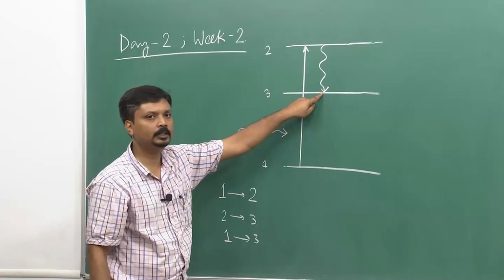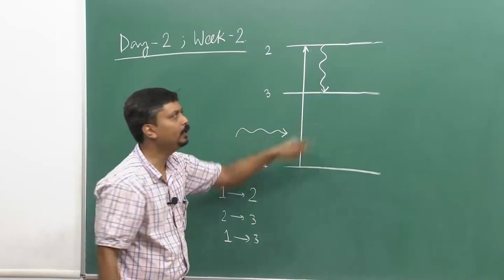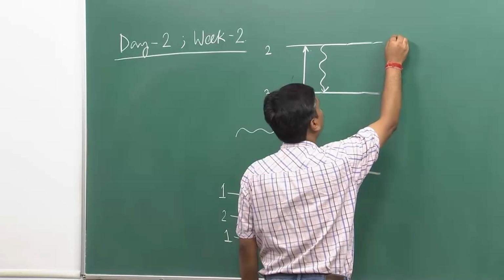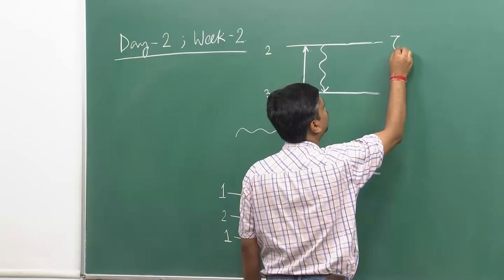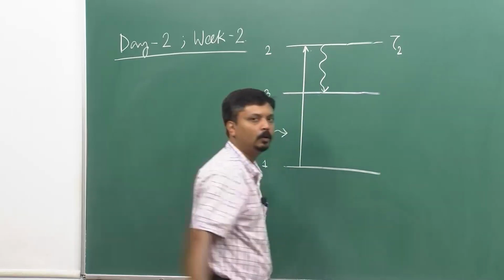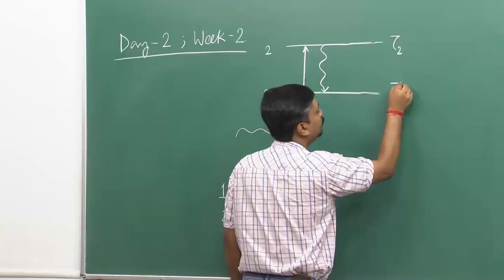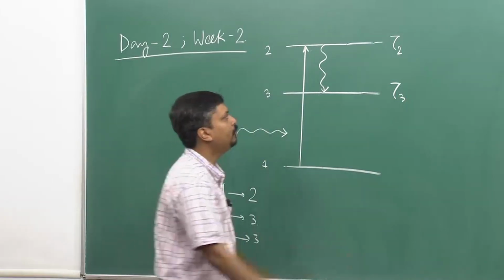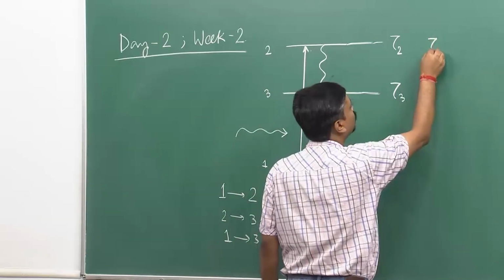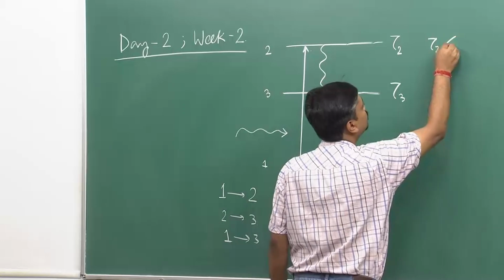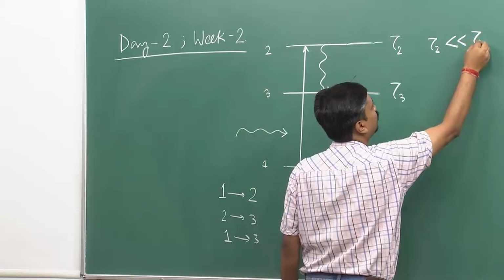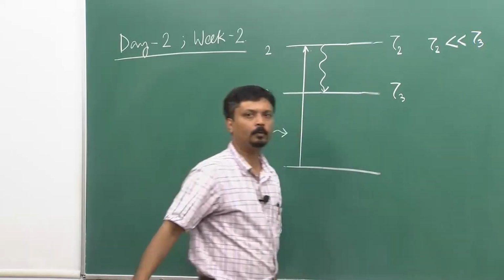So, after this absorption the population in this state brings the system back to level 3, and if that process is very fast, what does that mean? If I say state 2 has a lifetime of tau 2 and state 3 has a lifetime of tau 3, then if tau 2 is much shorter than tau 3, what does this mean?